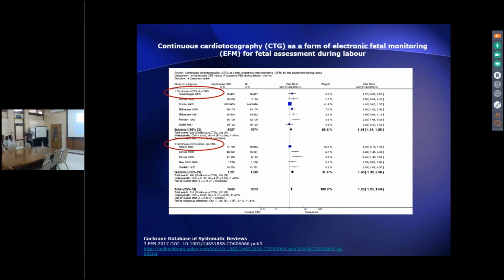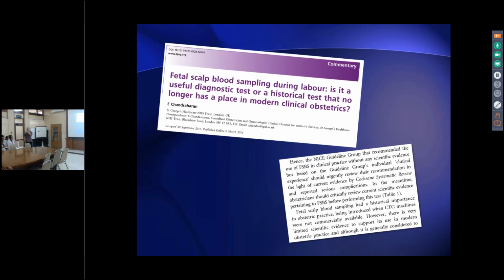So in the European literature, there's a big debate going on at the moment where NICE guidelines recommend the use of fetal blood sampling. And this is an article from the British Journal of Obstetrics and Gynecology in 2014. Edwin Shalandran, who's in St. George's Hospital in London, wrote, "Hence the NICE guideline group that recommended the use of fetal blood sampling in clinical practice without any scientific evidence, but based on the guideline group's individual clinical experience, should urgently review the recommendation in light of the evidence by the Cochrane systematic review and reported serious complications.